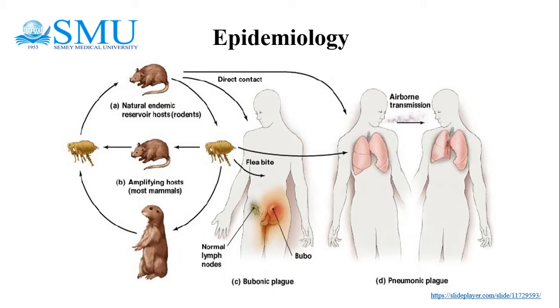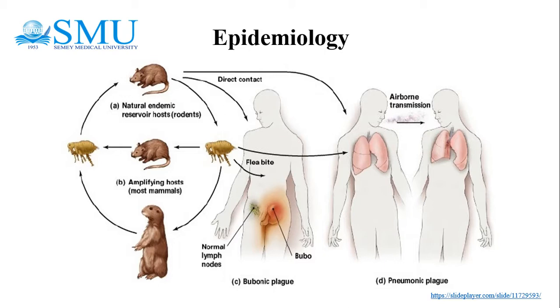The fleas suck about 0.5 milliliter of blood containing 5,000 bacilli from infected rodents. In the gut of the flea, the bacilli multiply enormously and may block the proventriculus. Such a blocked flea eventually dies as it cannot obtain a blood meal.